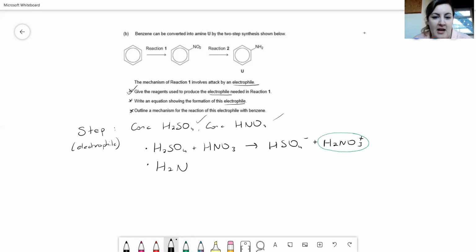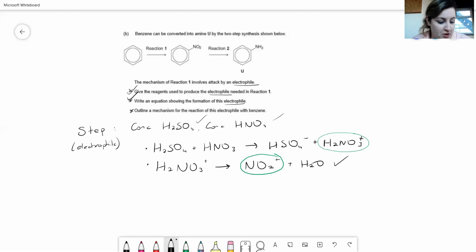We've got this H2NO3 plus ion here. And this actually decomposes to form NO2 plus, and of course our water. We have now officially made a very, very, very powerful electrophile. It is this electrophile that is then involved in the mechanism. So bam, I've got my mark.